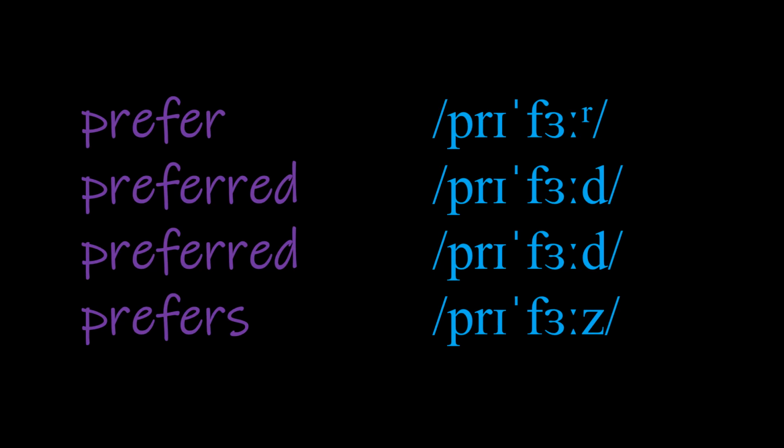When we're thinking about this kind of standardized version though, the R would activate, it would become a linking R, if the next word begins with a vowel sound. So for example, a sentence such as, I'd prefer it if you don't smoke. Prefer it.